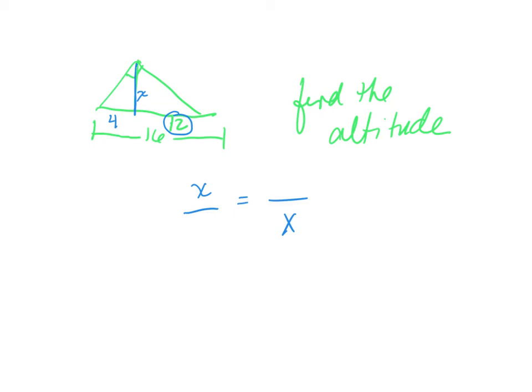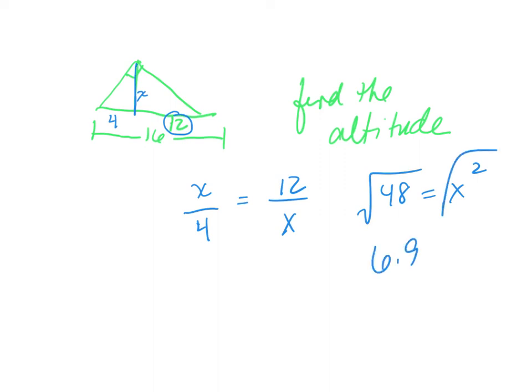Does everybody get that? Because 16 minus 12 is 4. So we put 4 and 12, which is 48 again. And when we find the square root of 48, we get 6.93, what you got before. So, why'd you put x there?